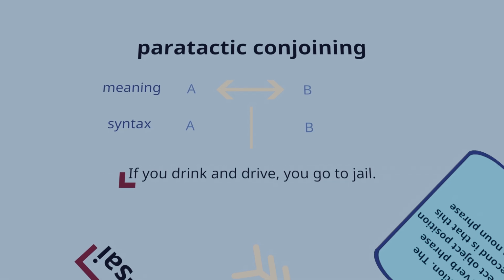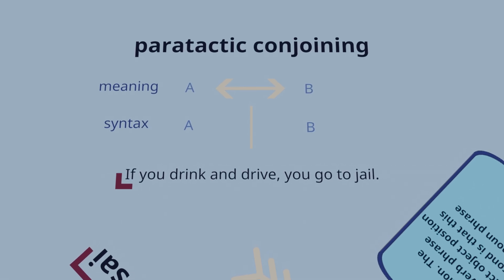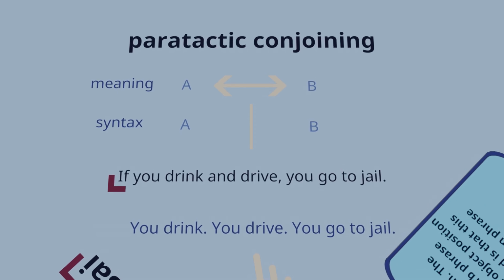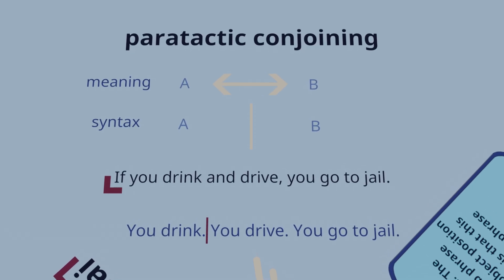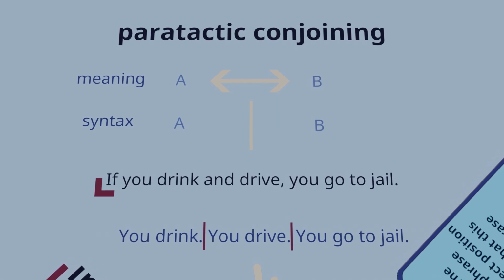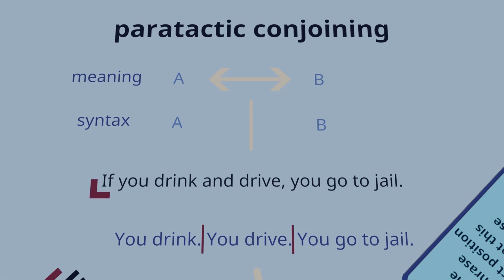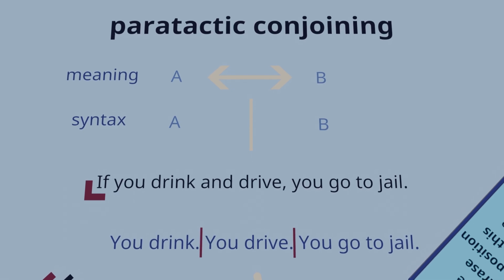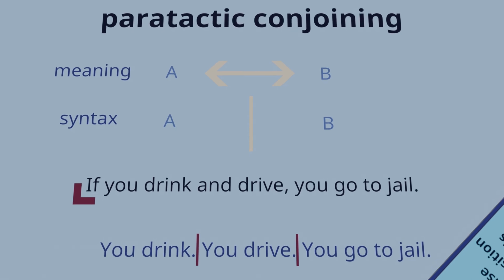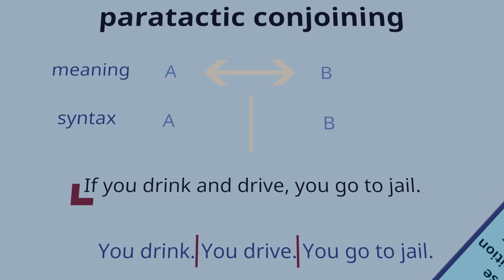But if you wanted to use parataxtic conjoining, you could just say, you drink, you drive, you go to jail. The clauses are just juxtaposed with one another. There's nothing in the syntax to connect those clauses together, but you still interpret them as being related, right? You infer that there's an if-then connection there, even if it's not explicit. The grammar is different in these two cases, but the meaning is the same.